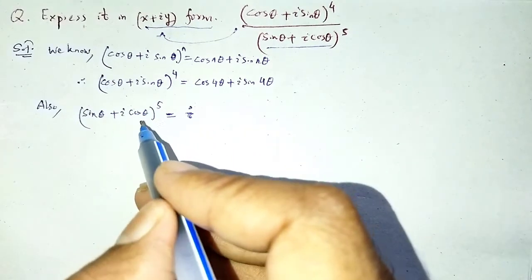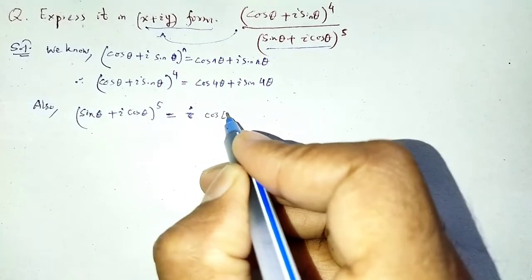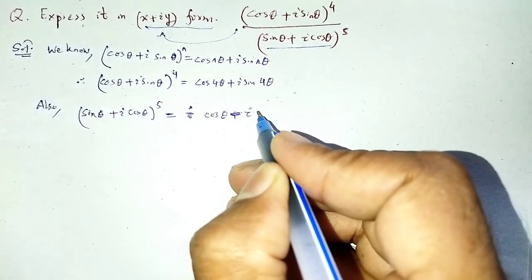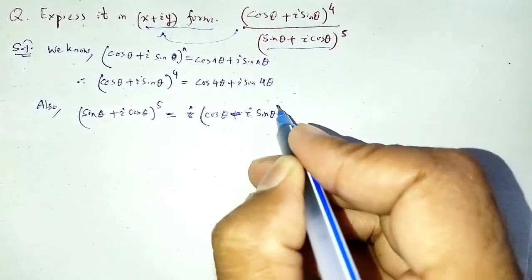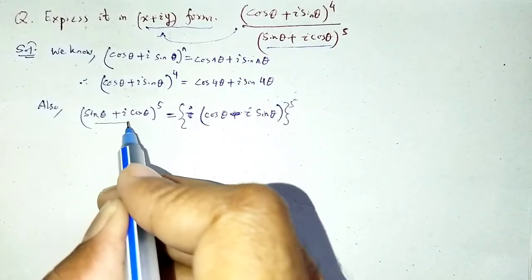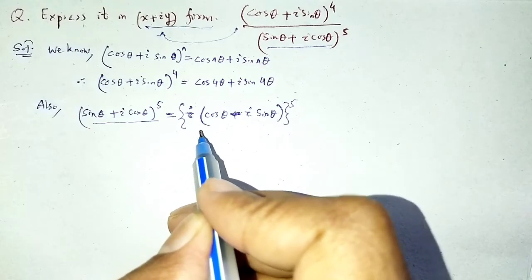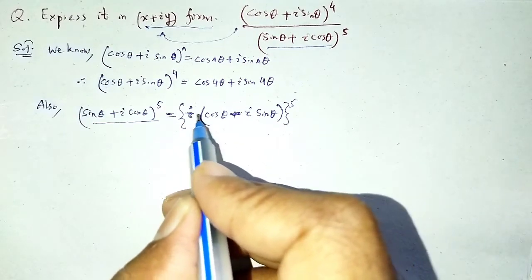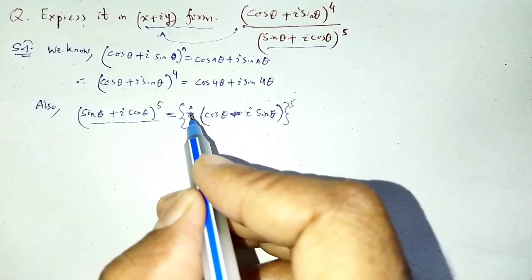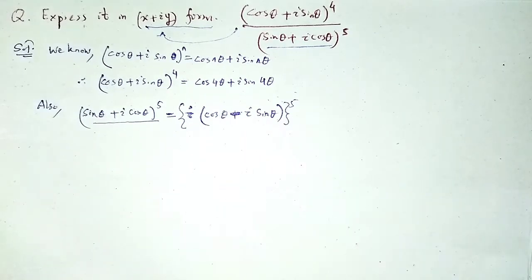So if I multiply i here, it will be written as (cos theta minus i sin theta) to the power fifth. In place of sin theta plus i cos theta, I replace by multiplying by i, so we have i cos theta, and i square is equal to minus 1, giving sin theta. No such change will be there.